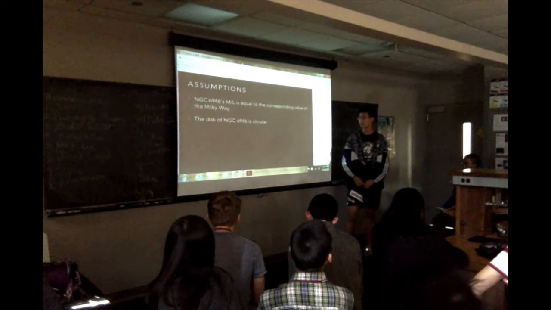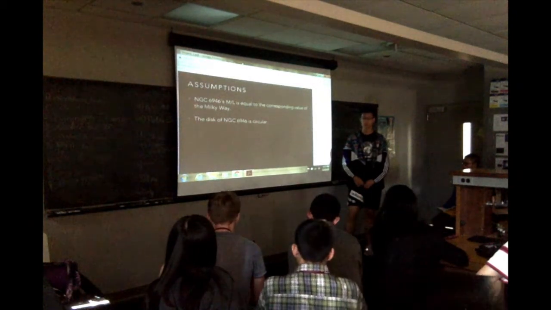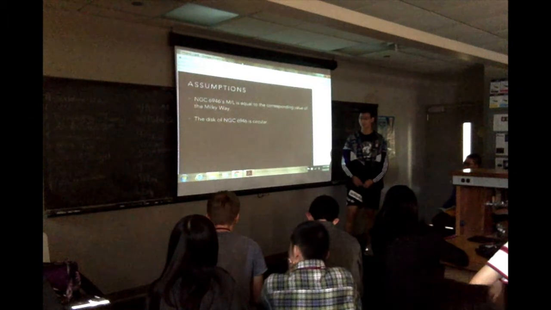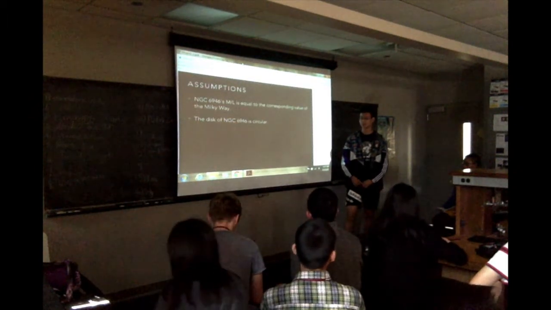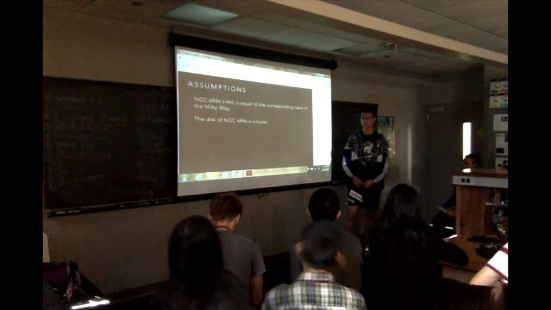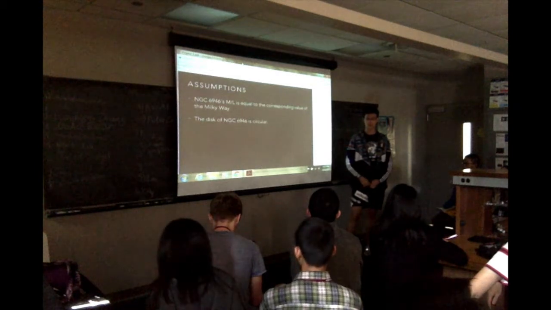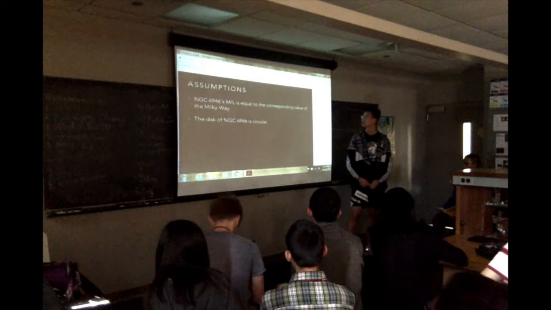And the second assumption is that our target galaxy's disk is circular. I only make the second assumption to facilitate the calculation, but also because although it's elliptical, the major semi-axis is quite close to the minor semi-axis. Go to the next one.